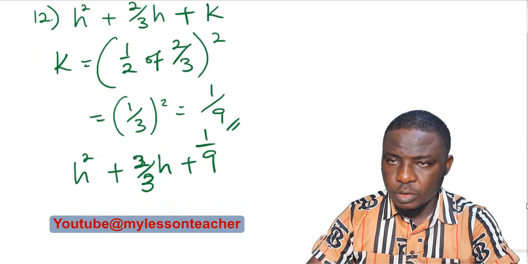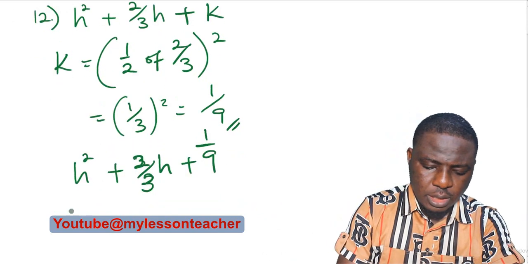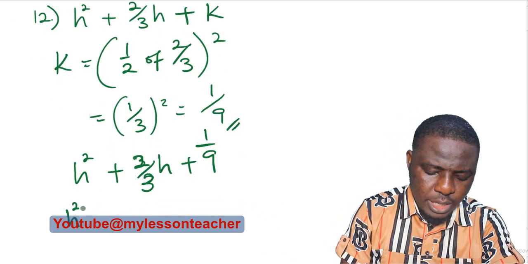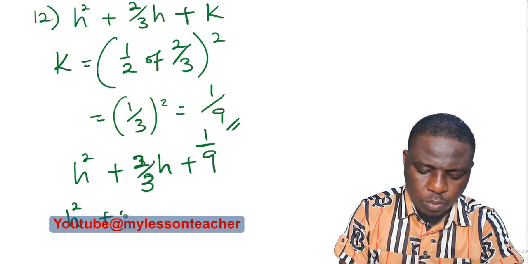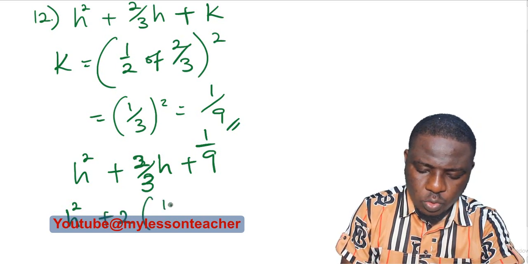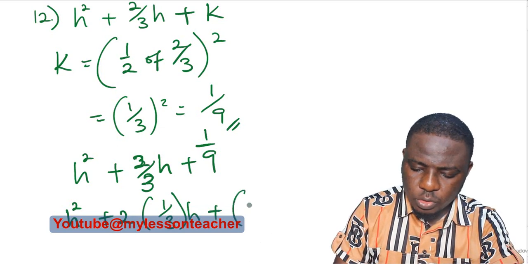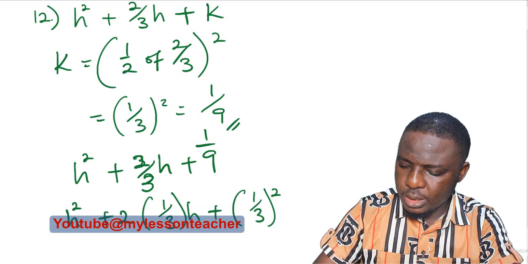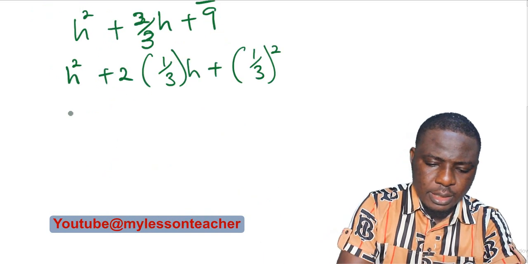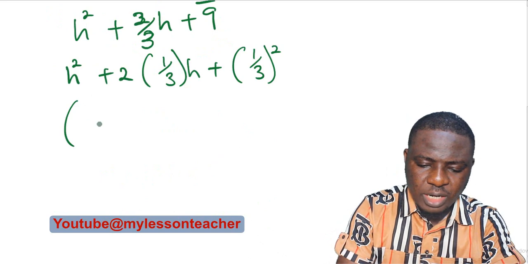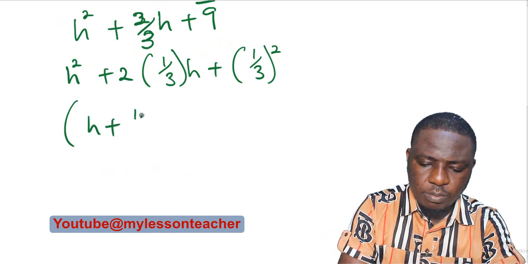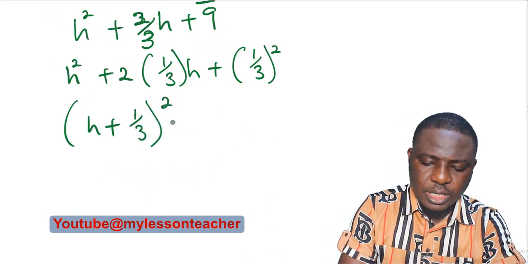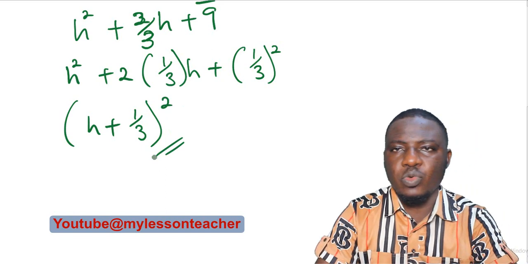So factorizing this, we have to simplify it to be h squared plus 2 into 1 over 3h plus 1 over 3 squared. And when this has been simplified, factorizing it becomes h plus 1 over 3 all squared.